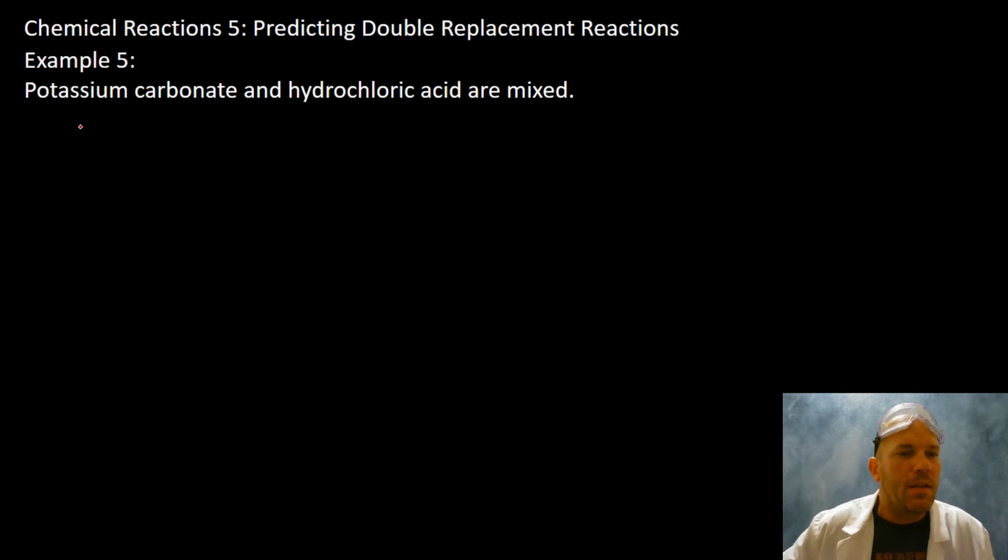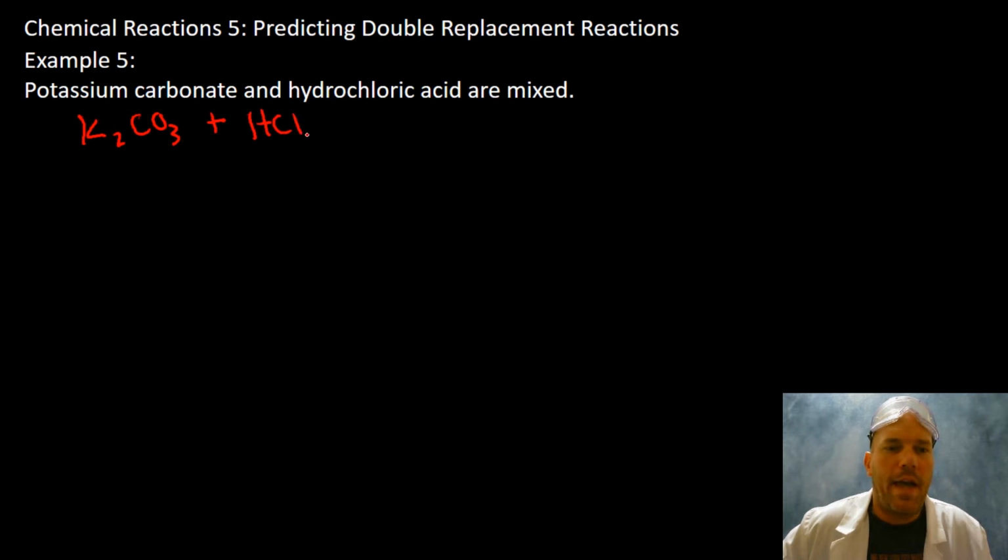All right. Example number 5, potassium carbonate. This is a fun one. It is mixed with hydrochloric acid. That's a strong acid. Strong acid, hydrochloric, are mixed, and they are going to form.